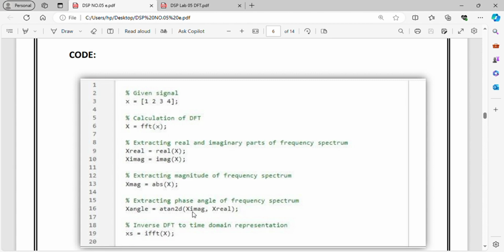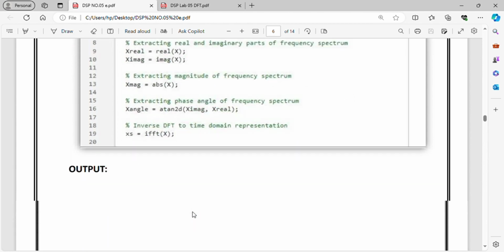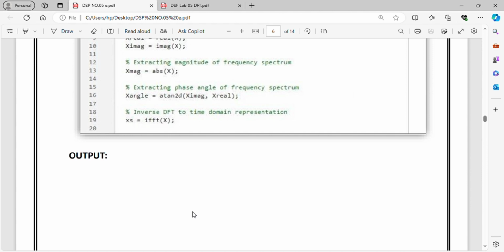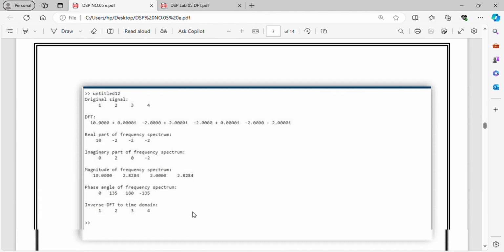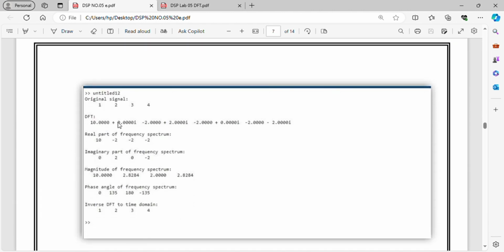The inverse discrete Fourier transform to time domain representation is given in the code. Now the output of this function is this. The original signal is 1, 2, 3, 4. The discrete Fourier transform of the function is given, and the real part of the frequency spectrum, imaginary part, magnitude, phase angle of the frequency spectrum, and the inverse discrete Fourier transform to the time domain.